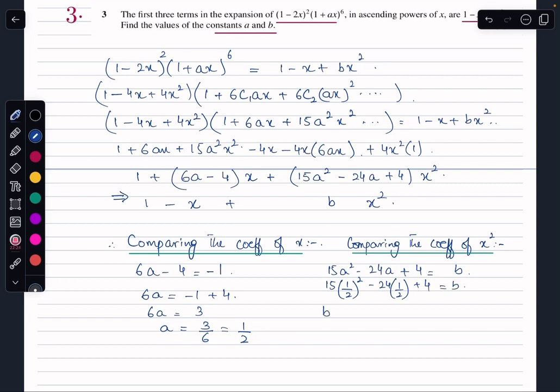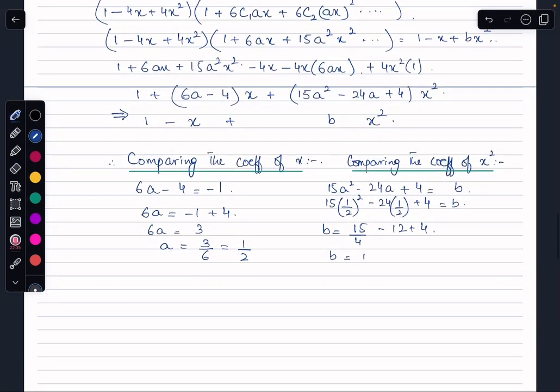Or I can say that b is equal to 15 by 4 minus 12 and a positive 4, or it should be equal to 15 by 4 minus 8, or I can say that the b value here is going to be negative 17 by 4. Therefore, my answers are a is equal to 1 by 2 and b is equal to negative 17 by 4 here.